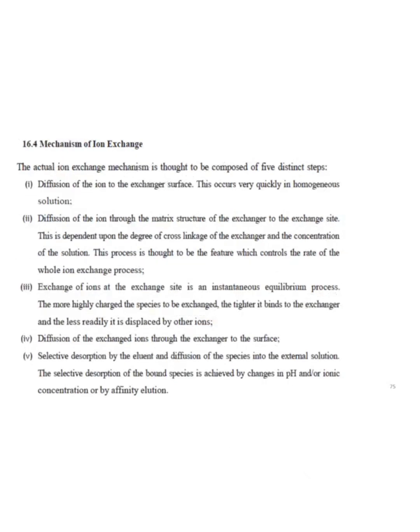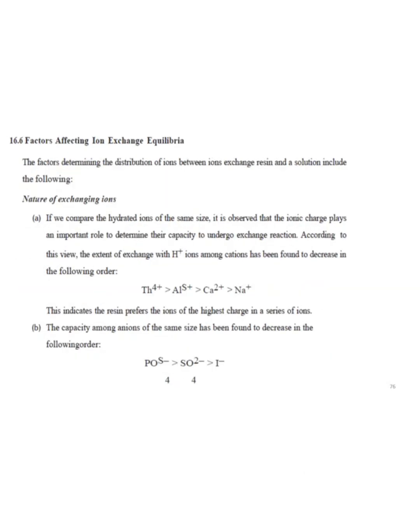Next is, what are the factors affecting ion exchange chromatography? Some criteria will be there that may affect it. It should be within their limits. So, what are some of the factors which affect the ion exchange equilibrium?